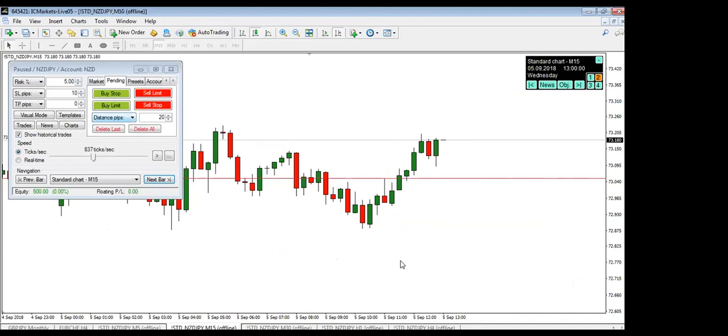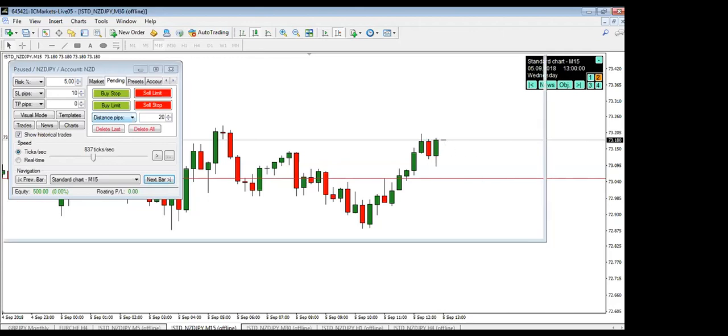Yeah. Let's take this. But then we're gonna take a direct entry, right? No. Because how are you gonna put a buy stop? It's already at the level. Go to the 5-minute, please.